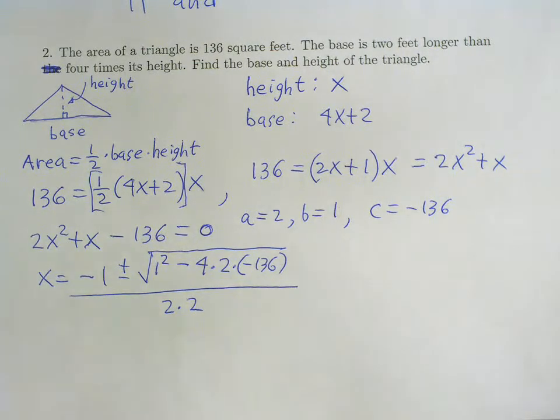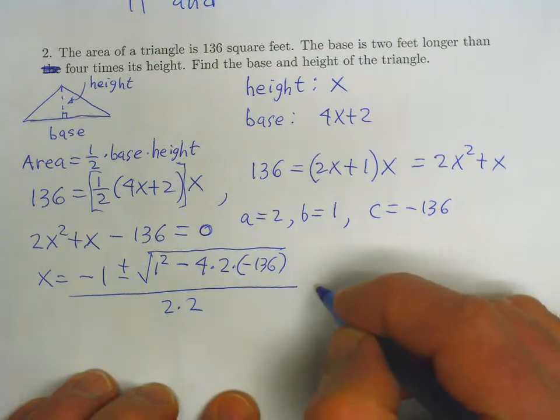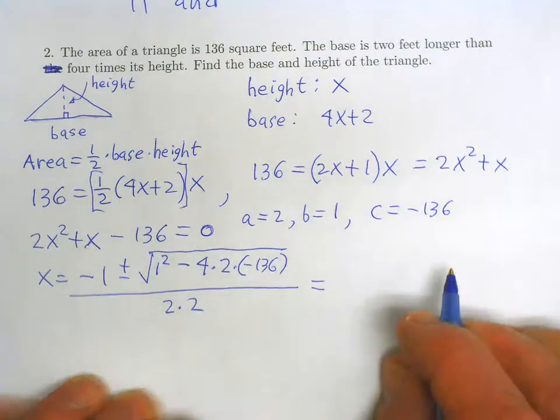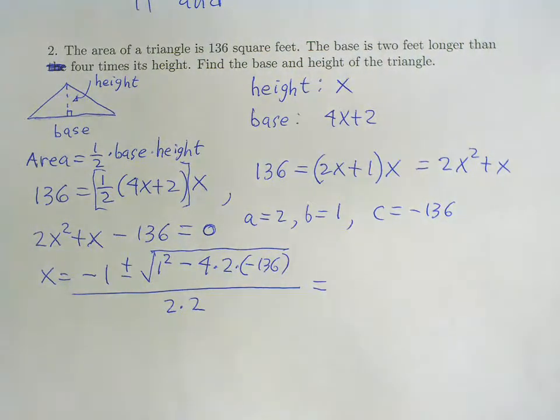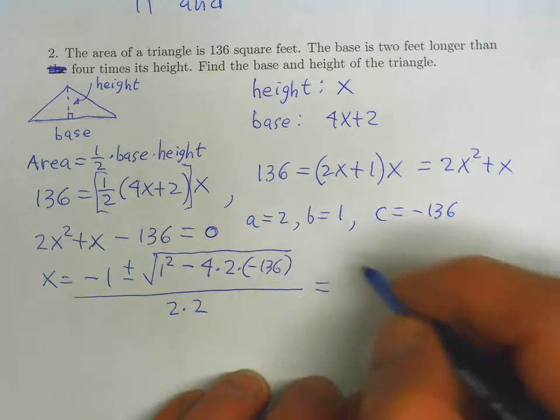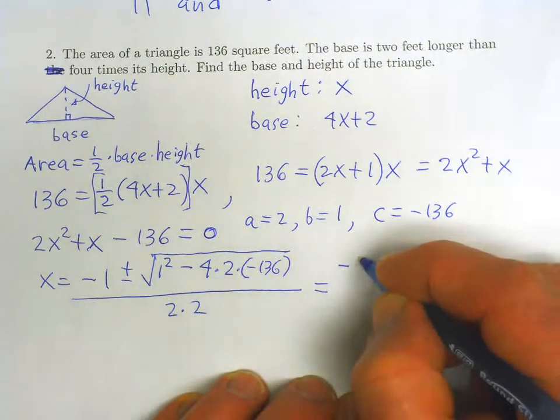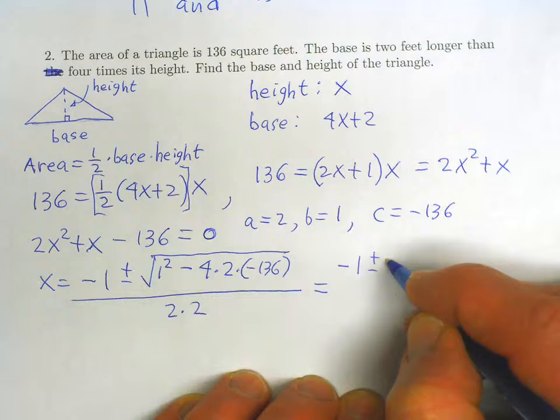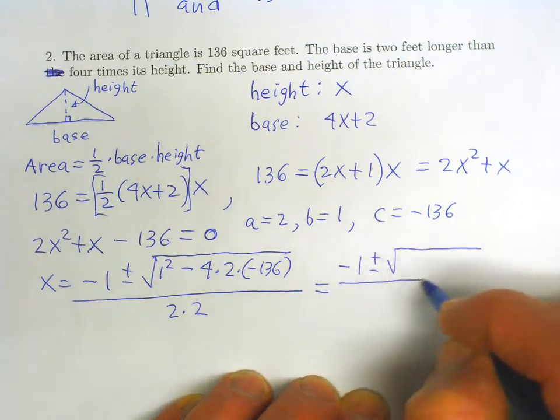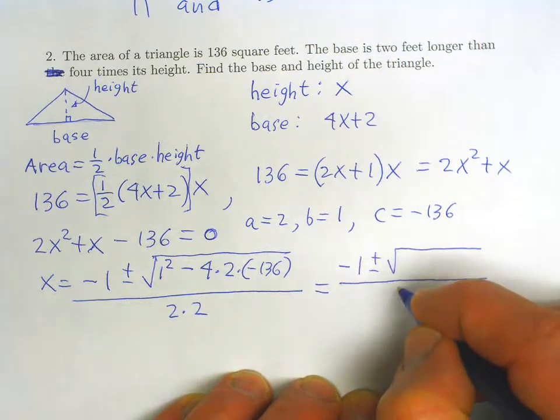And then we do some arithmetic inside the square root. Before proceeding, well, I'll wait until we do a little bit more work here. Negative 1 plus and minus the square root of some number, divided by 2 times 2, or 4.